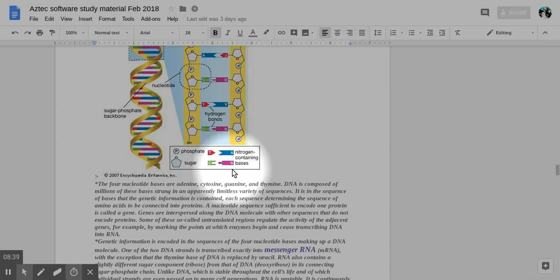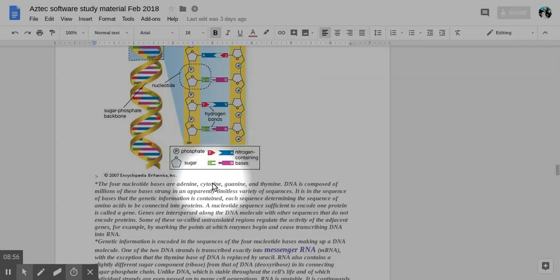Genetic information is encoded in the sequence of the four nucleotide bases. So the sequence determines what kind of proteins are going to be made from those genes, making up the DNA molecule.